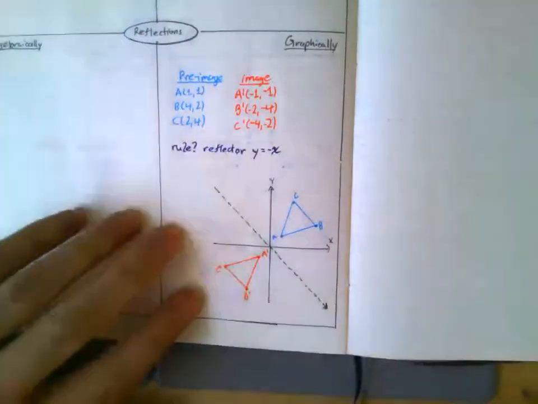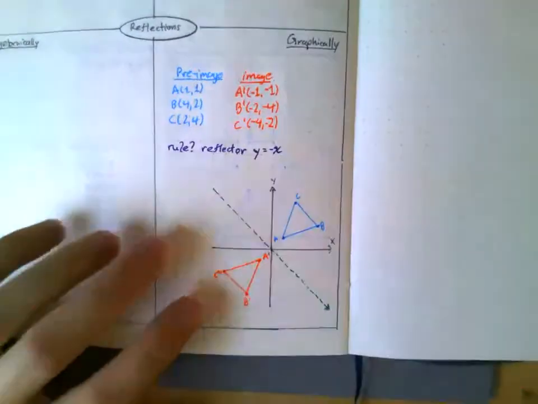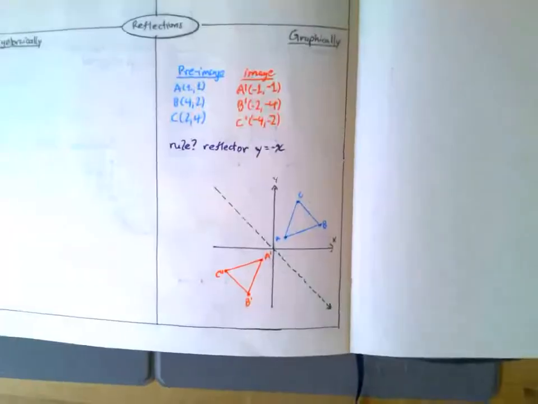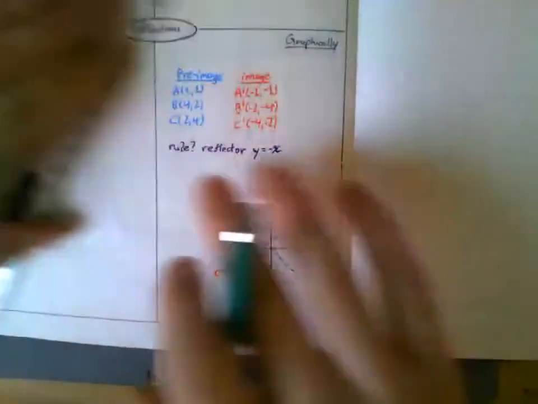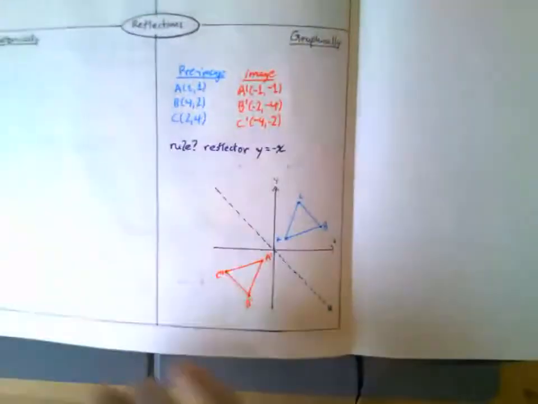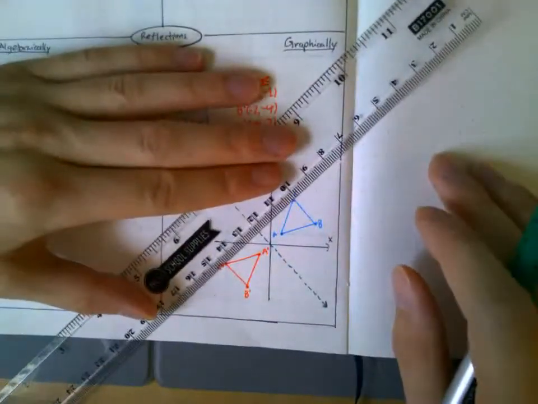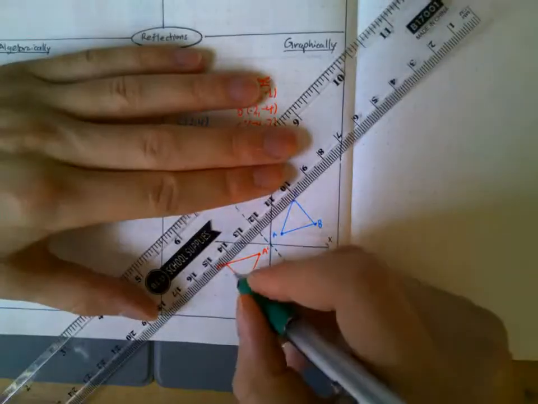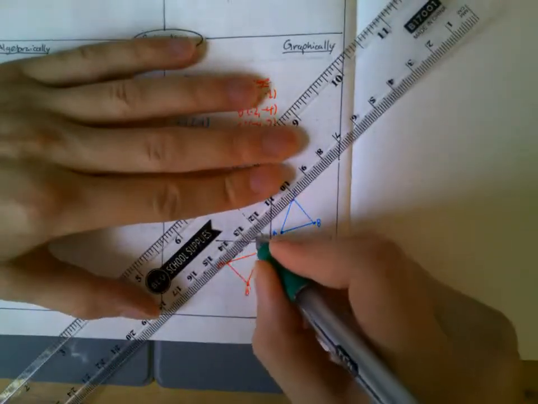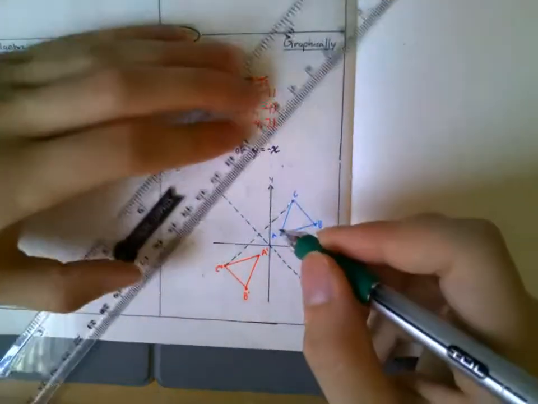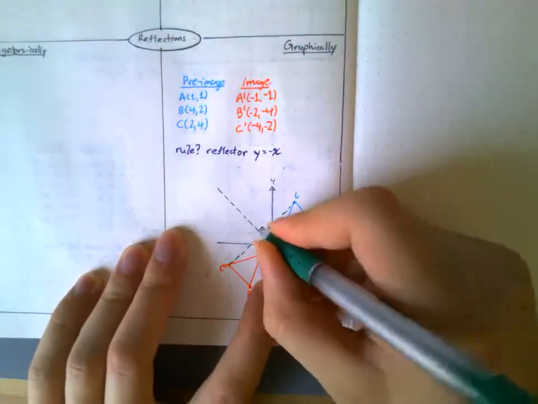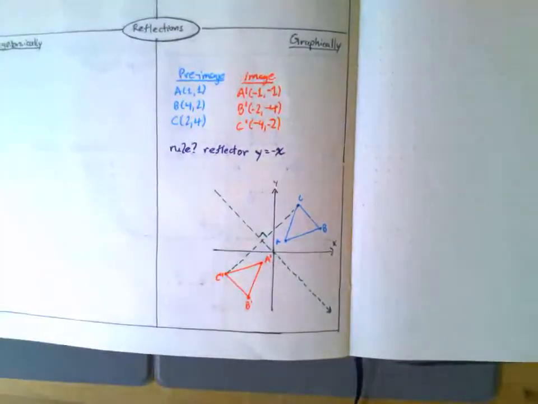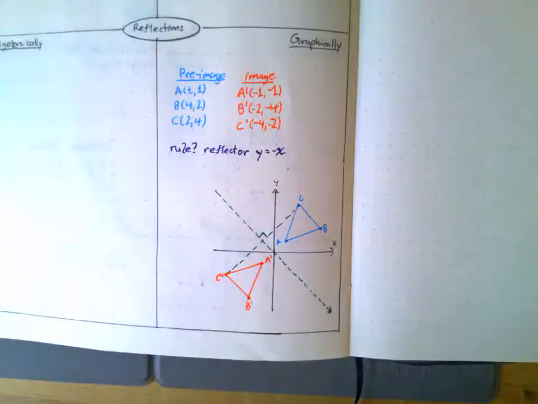Now, one thing I want you guys to make a note of here is that if I connect, essentially speaking, let's say C prime to C, right, from here to here. If I connect those 2 points, what I end up getting is a right angle right here. These lines are perpendicular to each other, which means 2 lines cross each other and make a right angle.